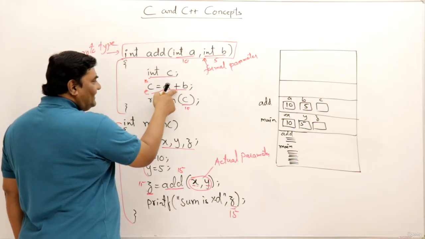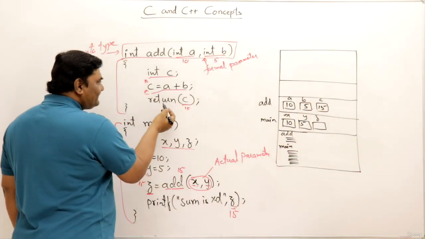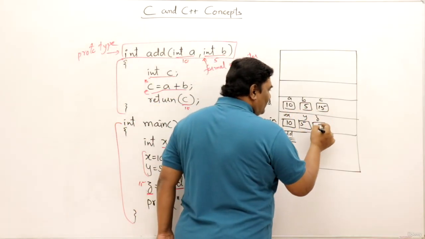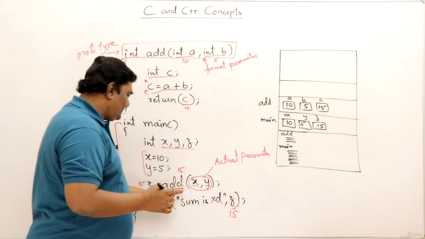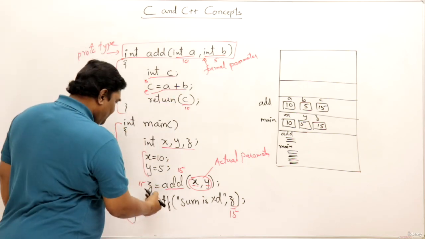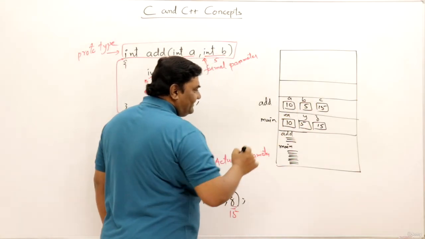Then it will add these two numbers, so the result is 15. Now the next line is returning. So when it is returning, the value of that c is copied in z, because in this line you can see it is copied in z. Then once the function ends, it will come out and return back to this line. So this activation record is deleted.